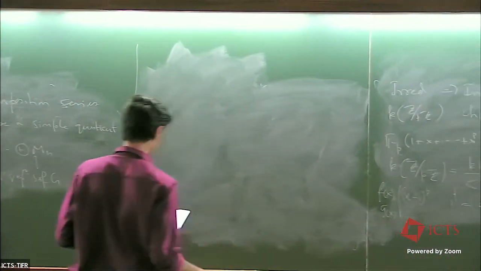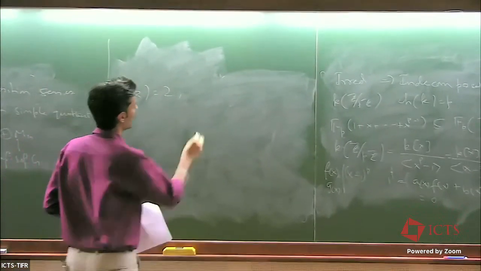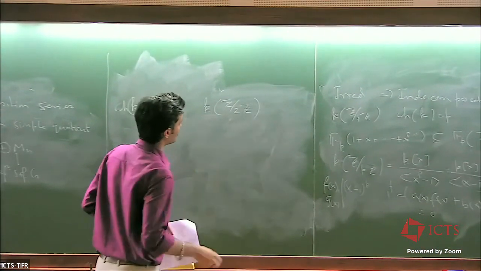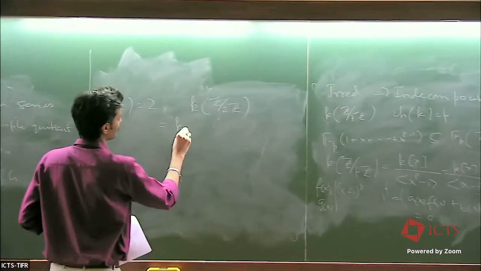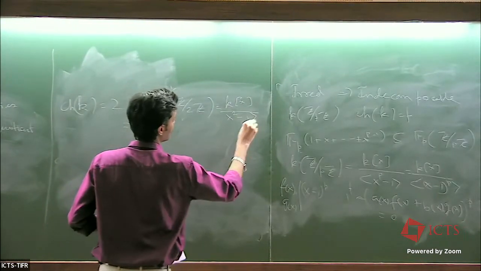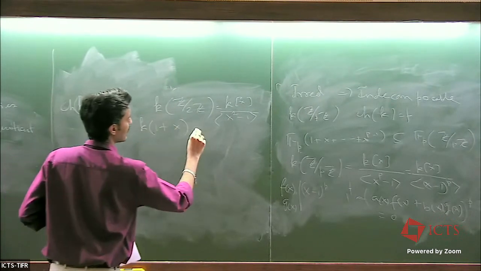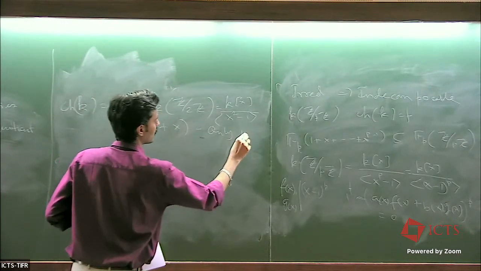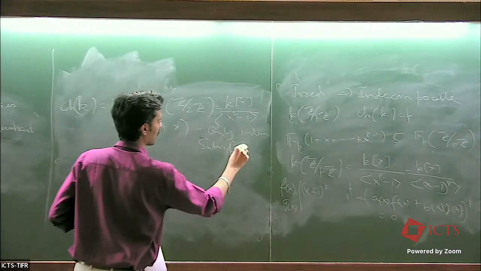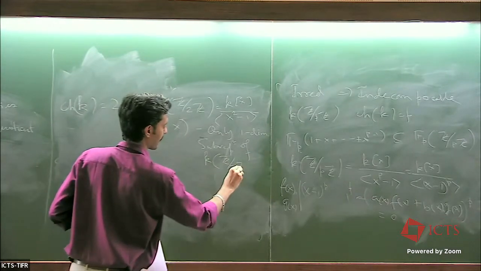So, for example, take again K to be a field of characteristic 2 and consider K Z mod 2. Then observe that the trivial representation, that is again K[x] mod x squared minus 1, so the trivial representation K(1 plus x) is the only one-dimensional sub-representation of this K Z mod 2Z.